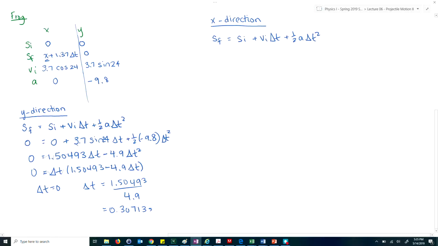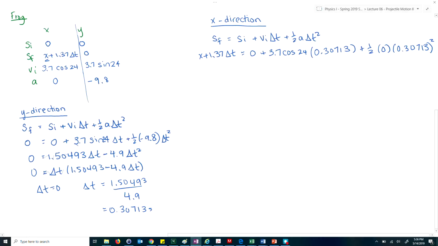So my S final is X plus 1.37 delta T equals, my S initial is 0, plus my V initial is 3.7 cos 24. My delta T is what I just found from the last step, 0.30713, plus 1/2, my A is 0, and then my delta T is still 0.30713, and that's squared.